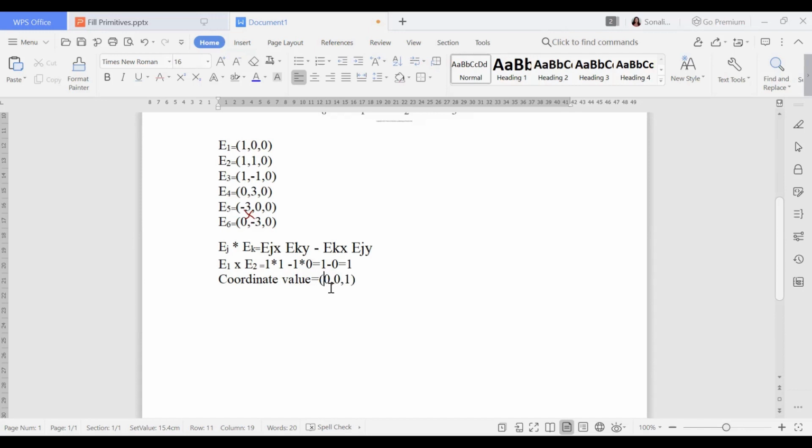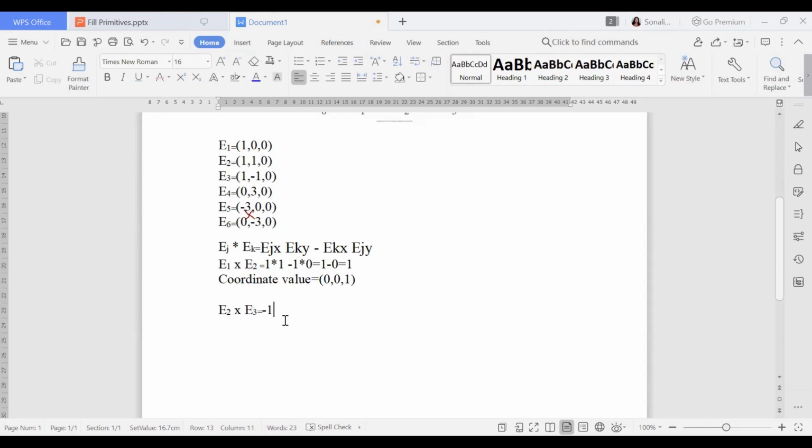Okay, so in this way we are going to calculate. Now let me calculate the next one, E2 and E3. I'll write down E2 into E3. Now you have to see E2 and E3 and do the cross multiplication. So 1 into -1 is -1.